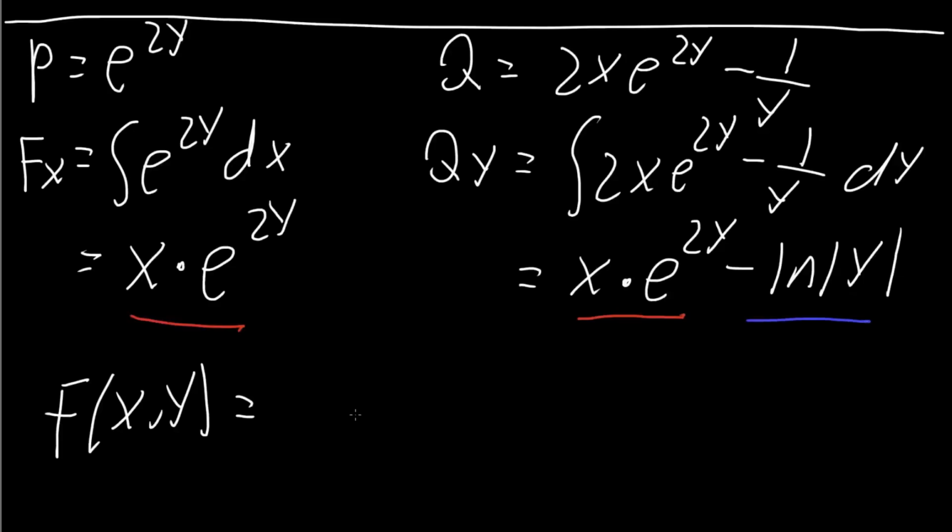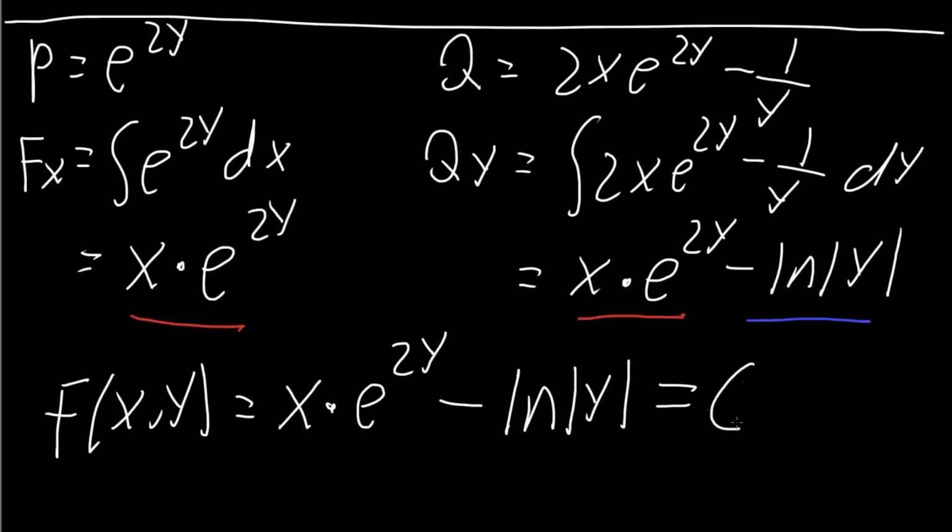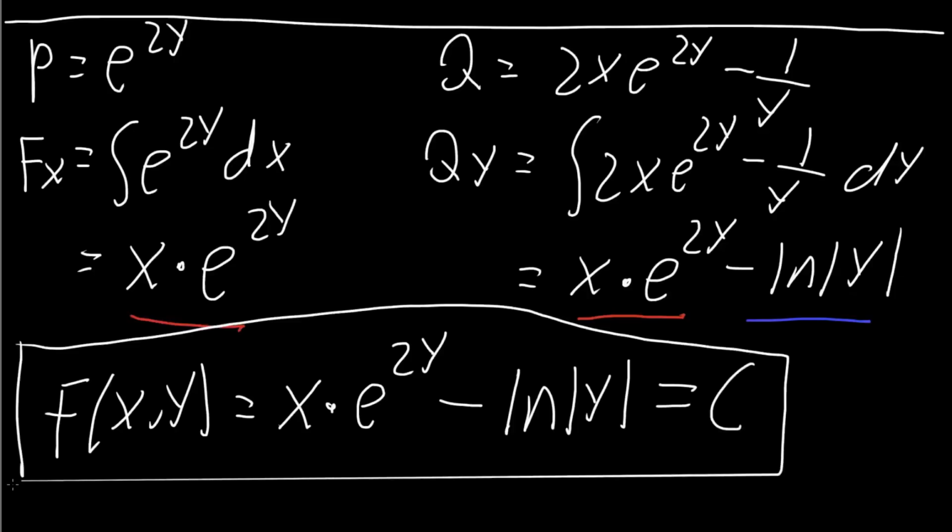And so what we're going to write is x times e raised to 2y. We write it only once since it's repeated. We only want unique terms. Minus ln absolute value of y is equal to c. And we simply box in this answer, and that's all we need to do.